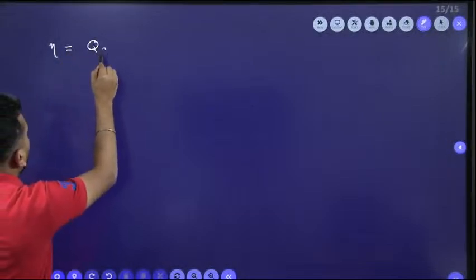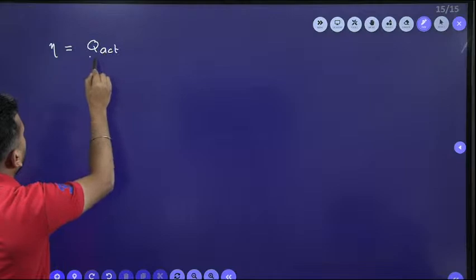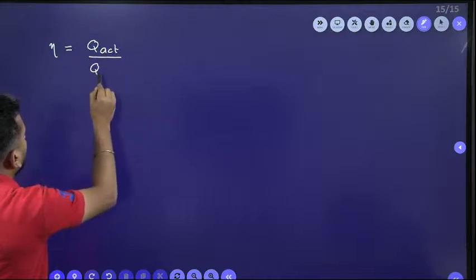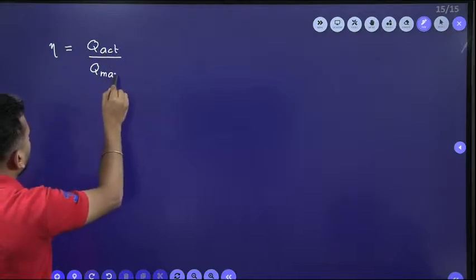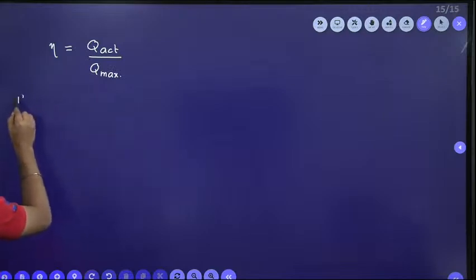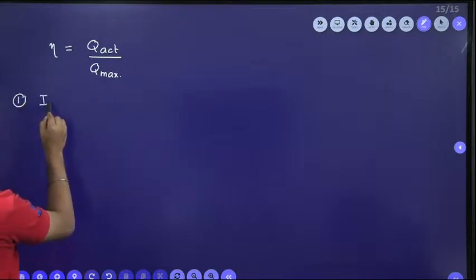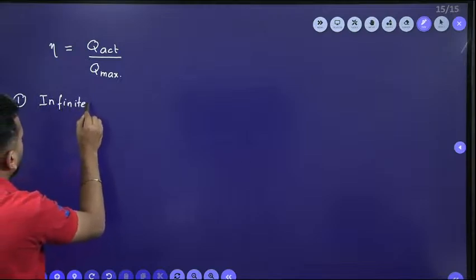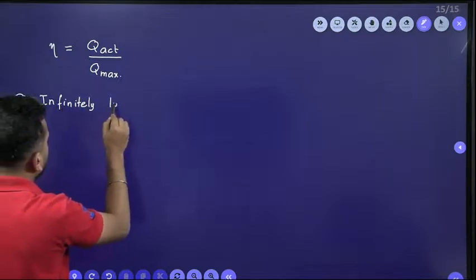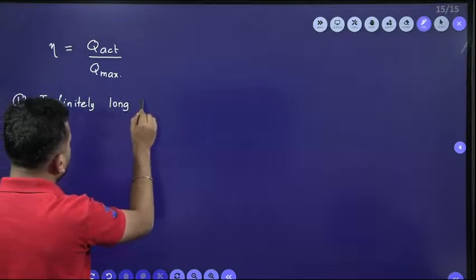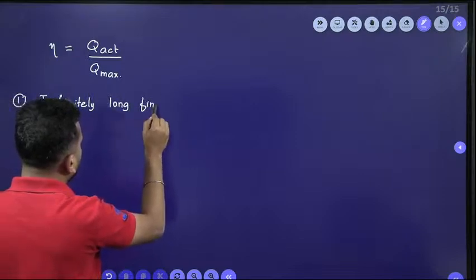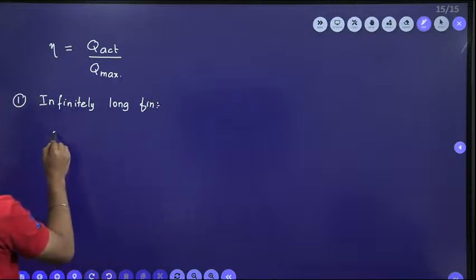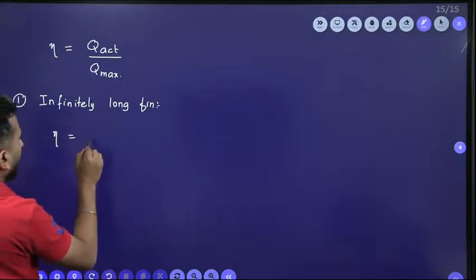It is Q actual by Q maximum. If I take the first case, that is the case with an infinitely long fin, what is Q actual for that case?